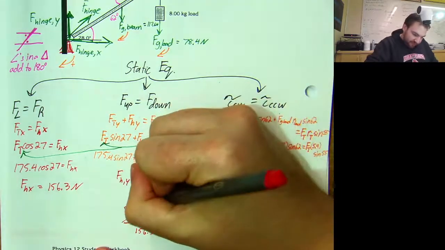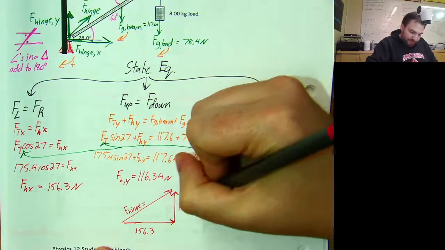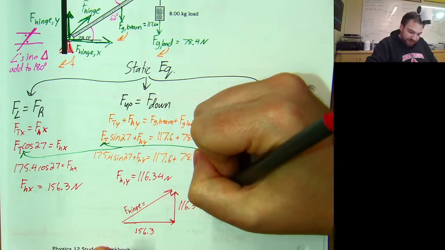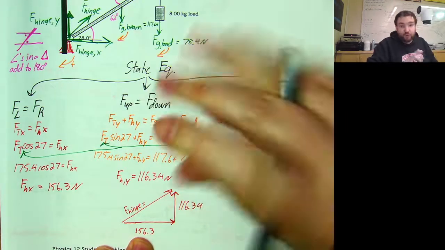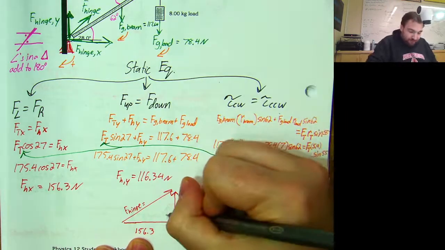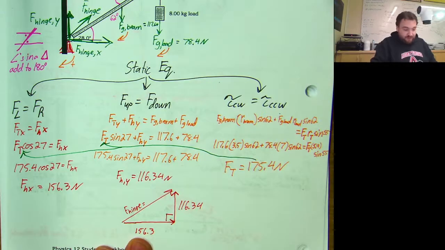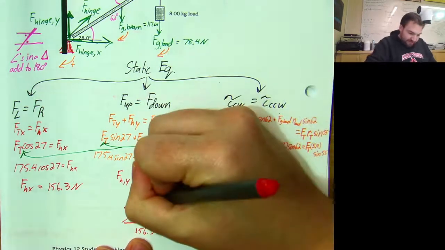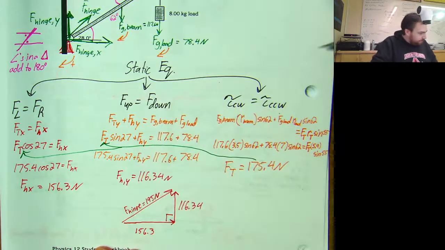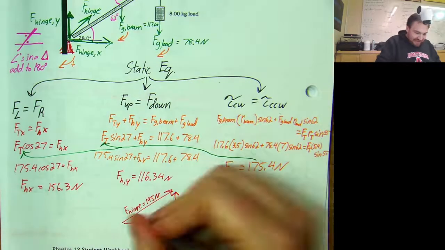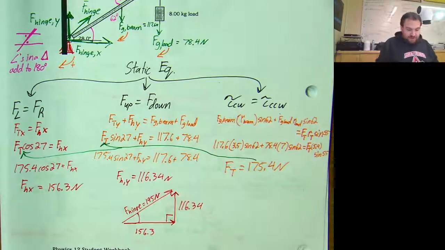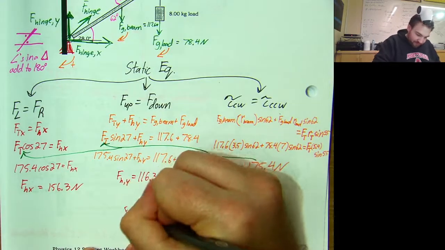F hinge, square root of 116.34 squared plus 156.3 squared. I'm not going to write that all out because at this point, that's a right angle triangle. This is Pythagoras. You should be comfortable with that. This is 195 newtons. And that angle right there is the tan inverse of opposite over adjacent. That's going to be 37 degrees.